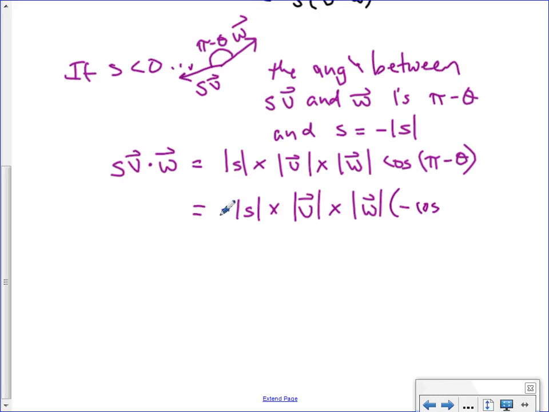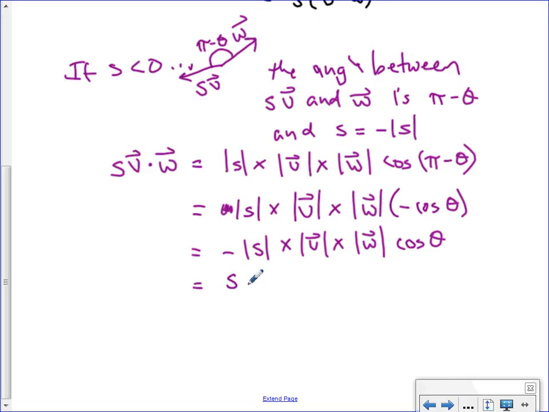And all of this just simplifies to the negative cosine of, I'm sorry, this is not negative. Sorry. That's where the negative comes from. Here we go. Cosine of theta. So bring the negative out to the front, and you'd have the negative S times V times W, cosine theta, which is the same thing as S. It just brought it right back.